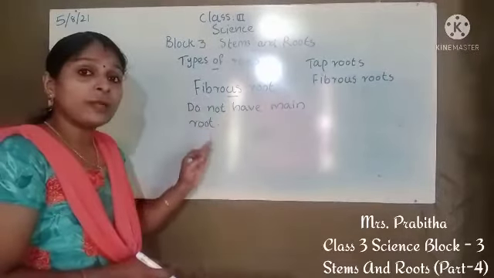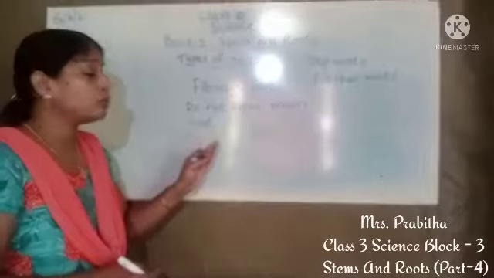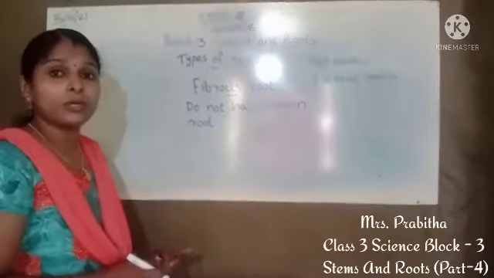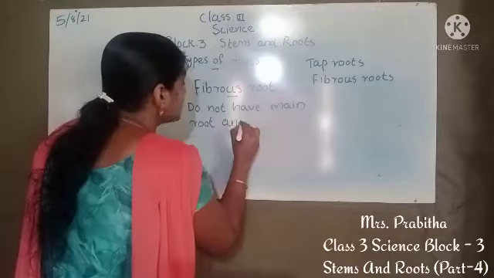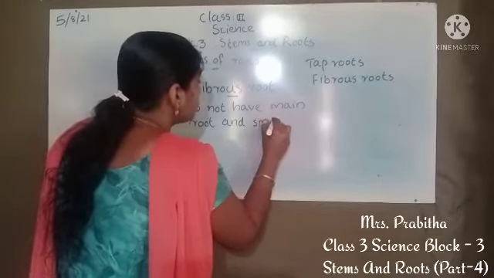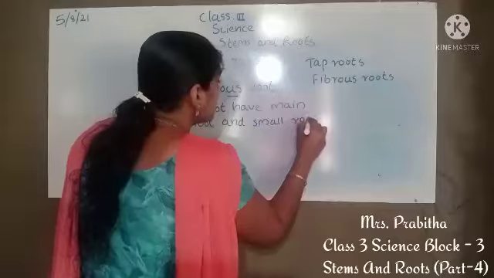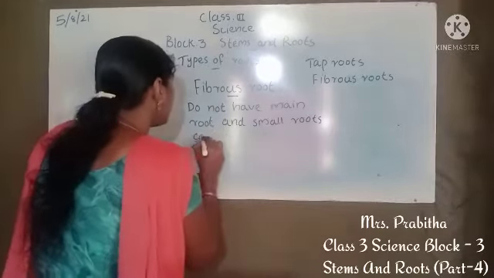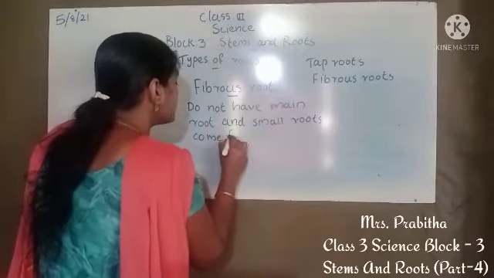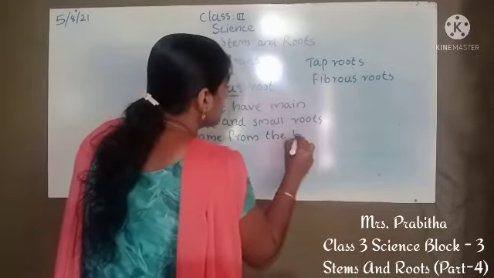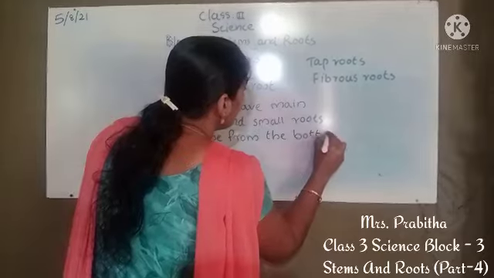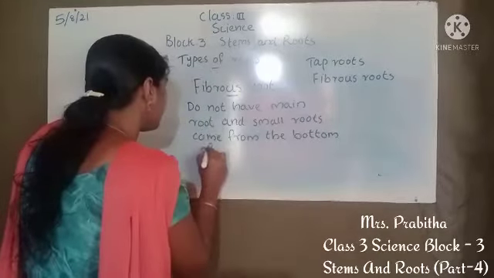But in fibrous root there is no main root, and small roots come from the bottom of the stem.